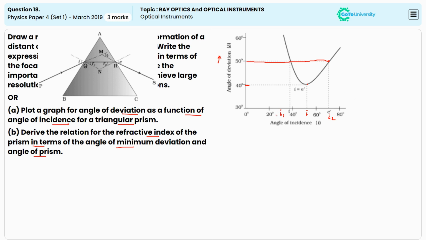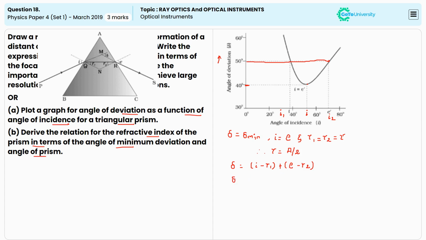Now at minimum deviation, we have delta is equal to delta minimum, where I is equal to E, and R1 is equal to R2 is equal to R. Therefore, we can say R is equal to A by 2, because A is equal to R1 plus R2, and since all are equal, 2 times R is equal to A. Then from the figure, delta is equal to I plus E minus R1 plus R2.